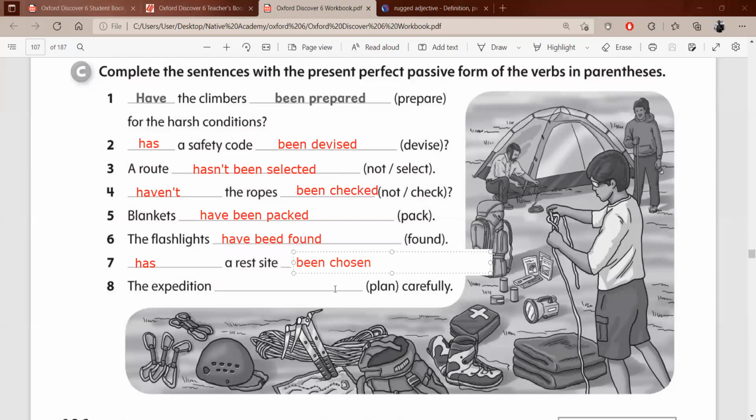Of course. And what about the last one? The expedition has been planned carefully. Okay, the expedition has been planned carefully, of course. Thank you so much. Has been planned, like that.